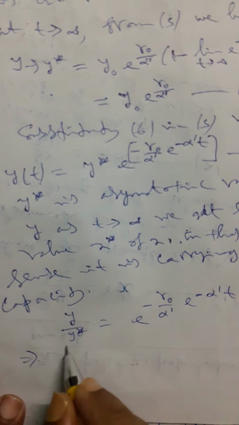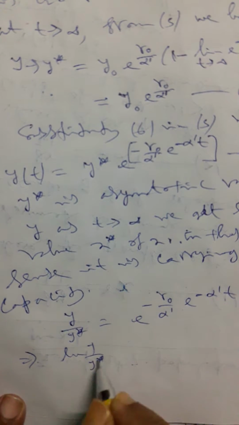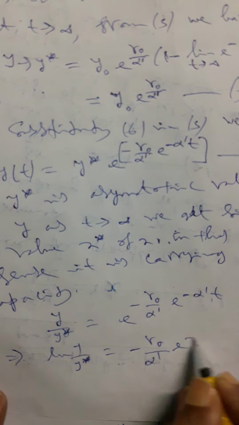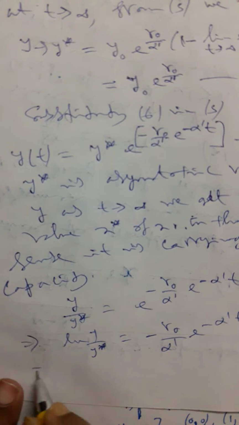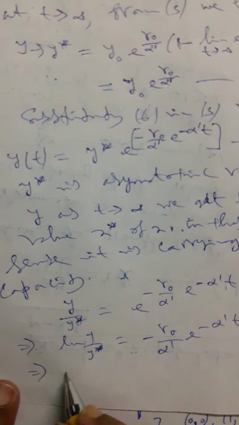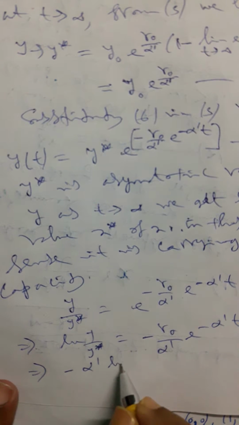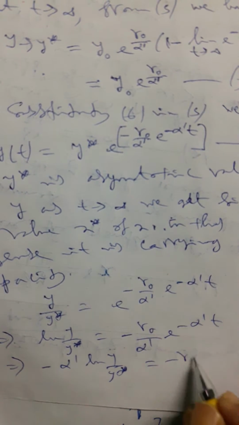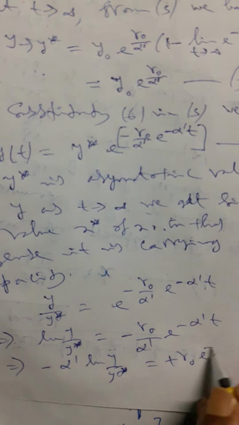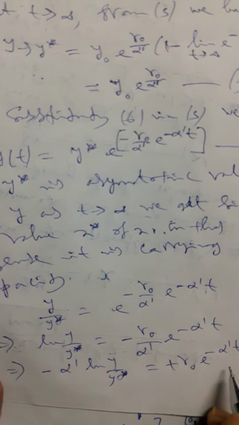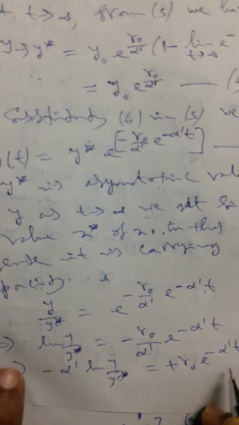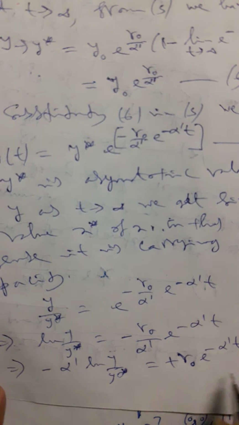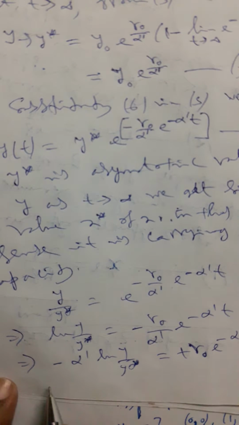So minus alpha dash ln(y/y star) will be minus r0 into e to the power minus alpha dash t.